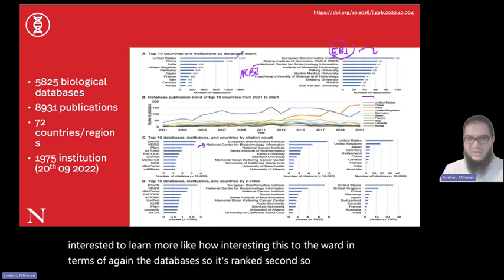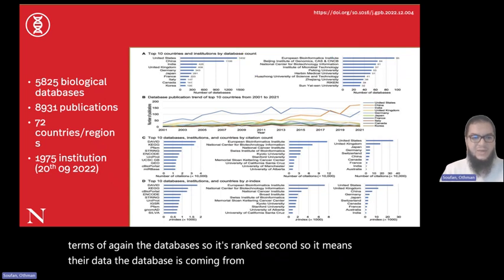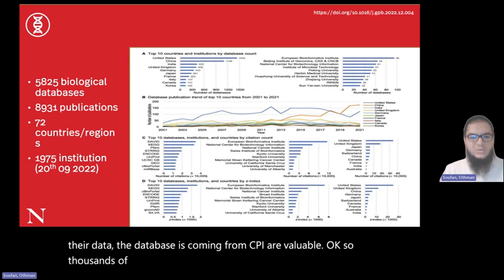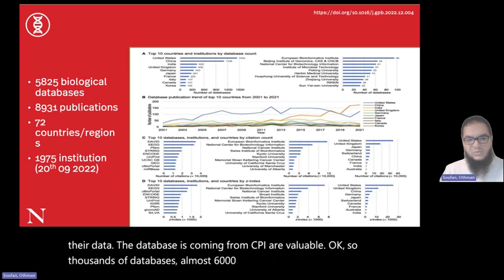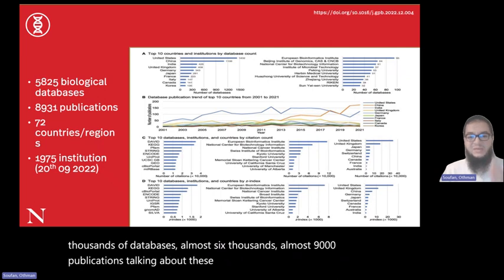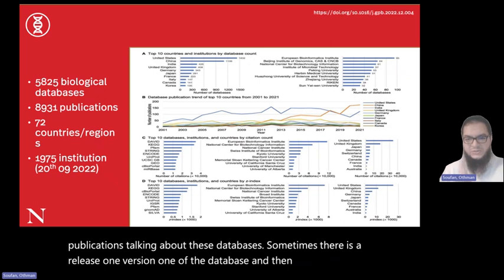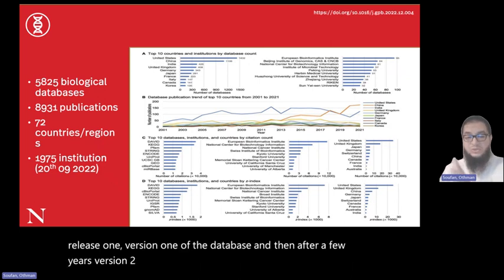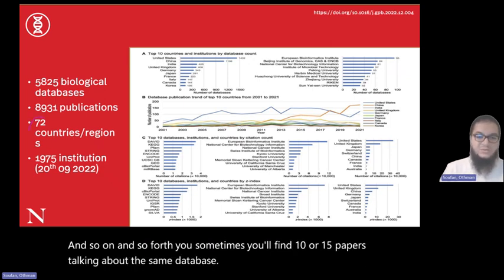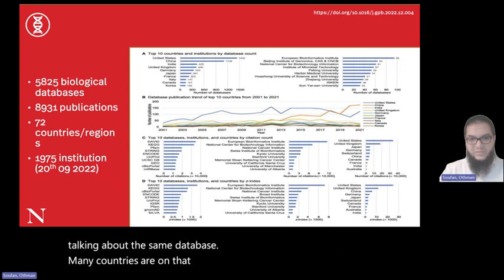So it means the databases coming from NCBI are valuable, okay? So thousands of databases, almost 6,000, and almost 9,000 publications talking about these databases. Sometimes there is a release version one of the database, and then after a few years, version 2, maybe next year, and so on. Sometimes you'll find 10 or 15 papers talking about the same database. Many countries are on that list, and so on and so forth.